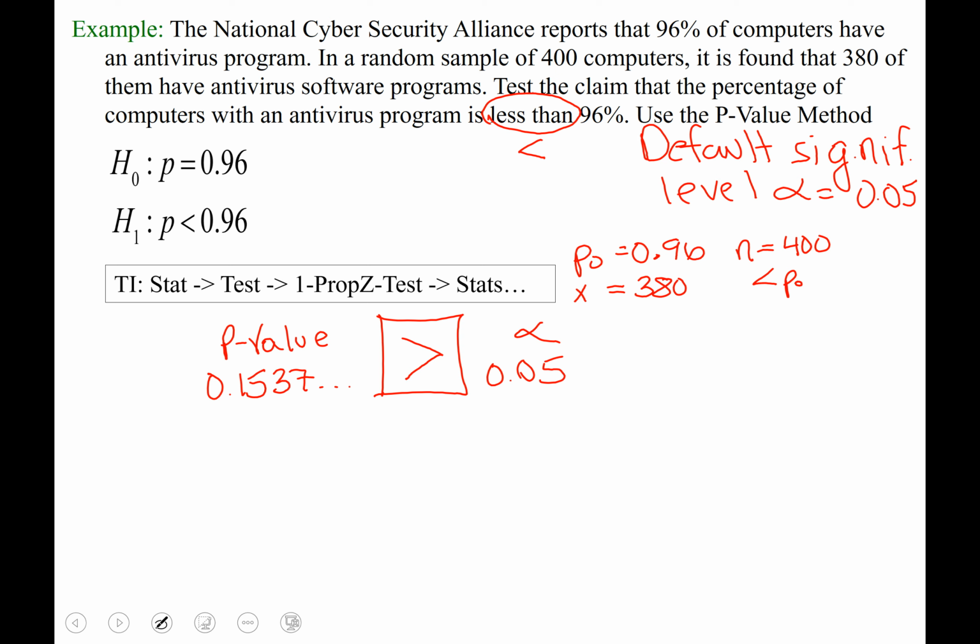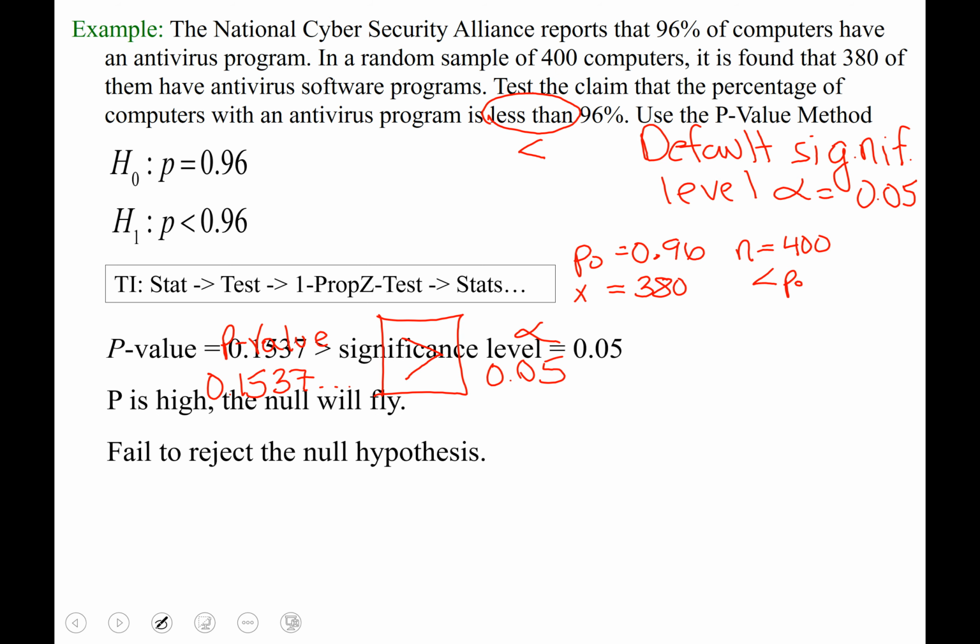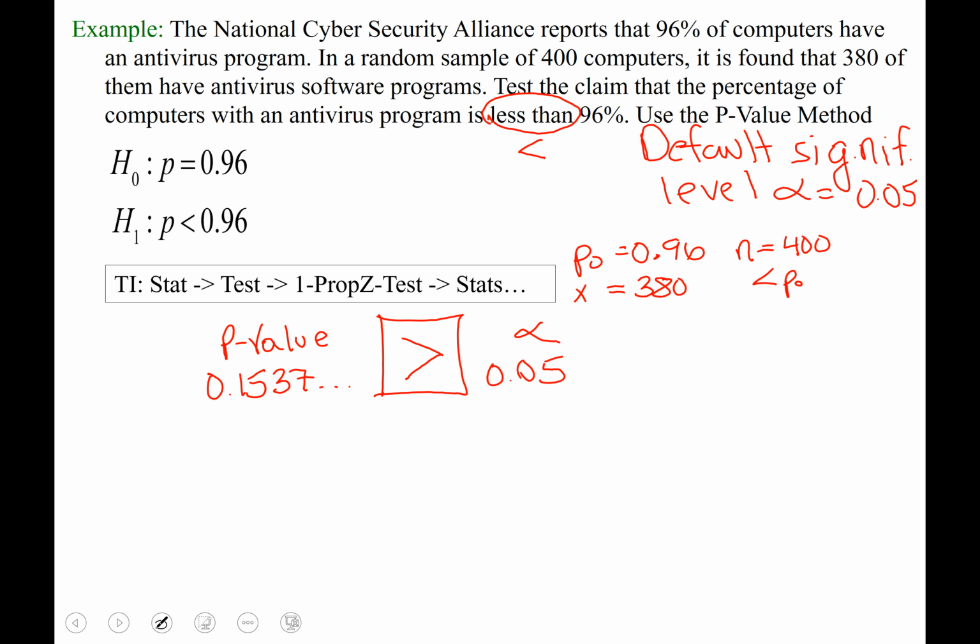And the little rhyme, if you like to use it, is P is high, the null will fly. I'll just write that since that covers it up. P is high. What I mean by that, it's larger than 0.05. P is high, the null will fly.